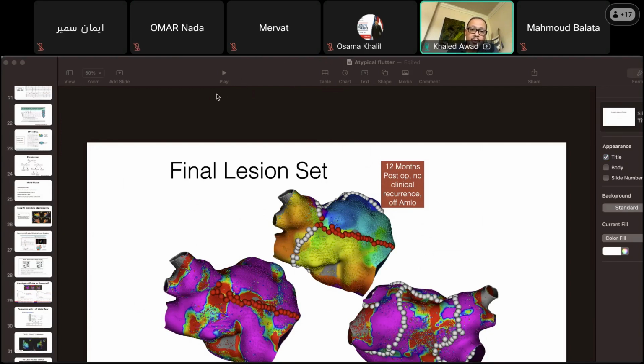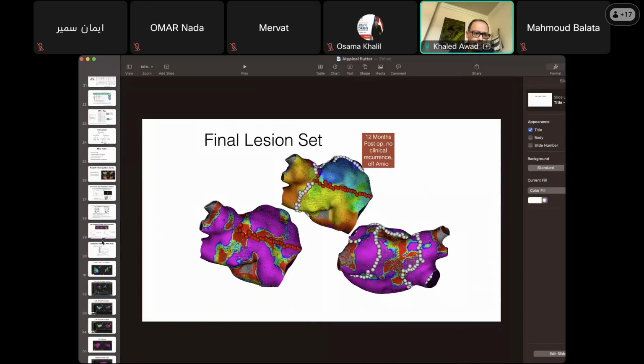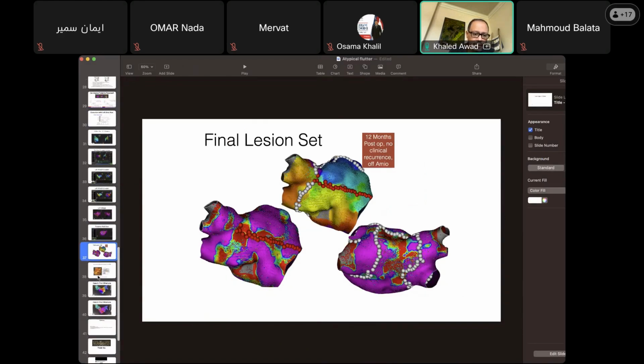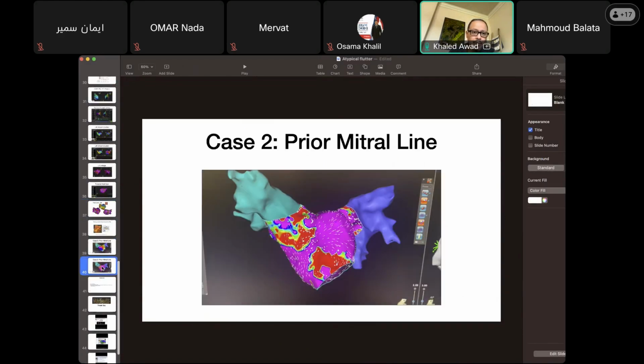I give them a monitor for a period of time after ablation, 15 days, 30 days, whatever you can do. If they have no more atrial arrhythmia and don't have atrial fibrillation, then you just follow them over a period of time and make sure that they don't develop something else. But you can stop anticoagulation after that period of time.